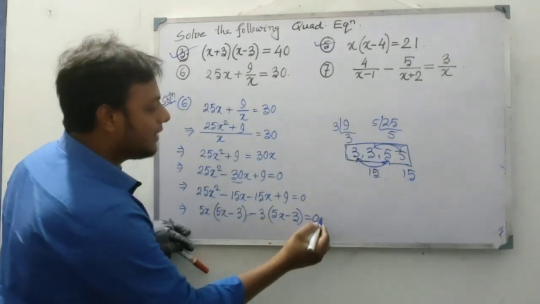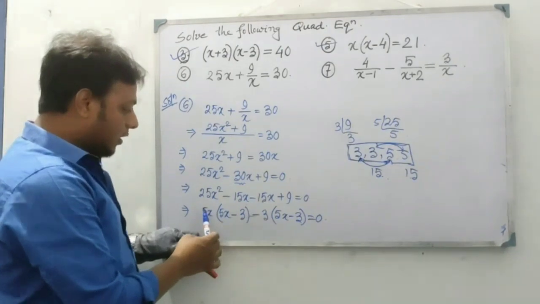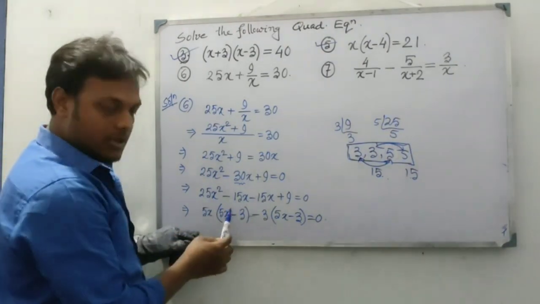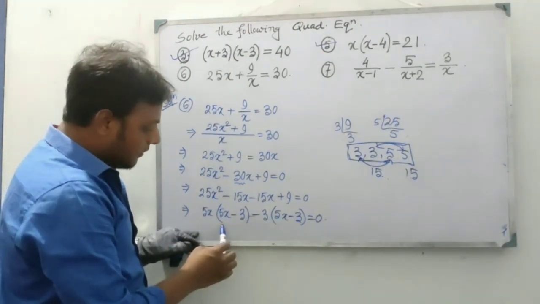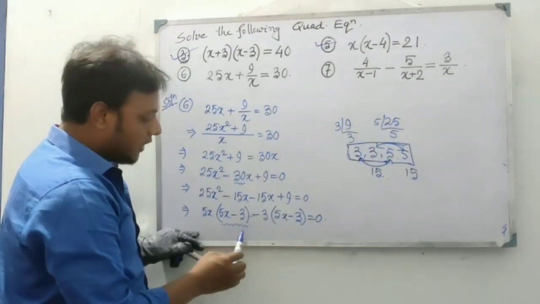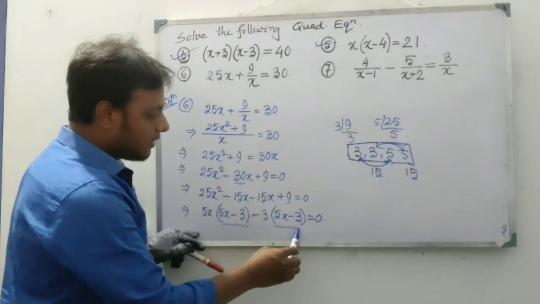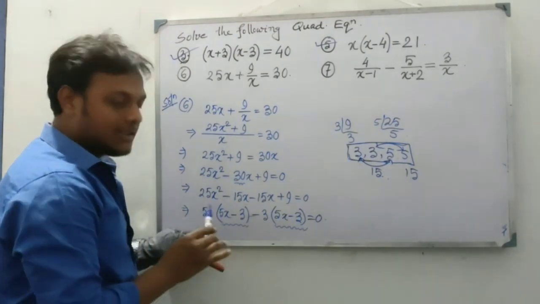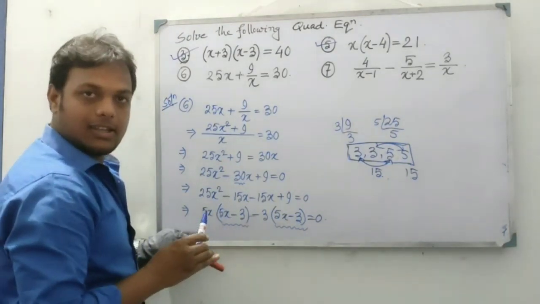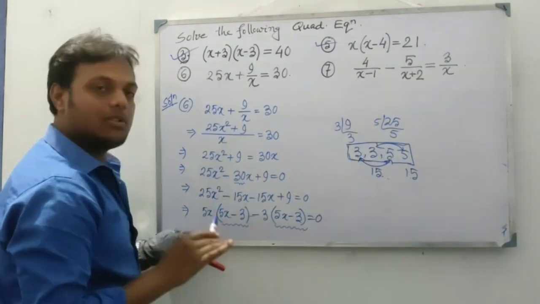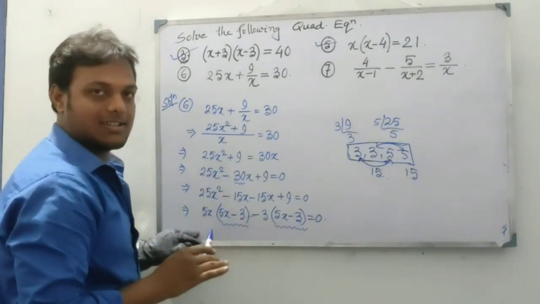Okay, one special trick is there, that if you take the common of first two terms, then whatever factor you will get in this position, you will get back in this position also. If you get such, then you can verify by yourself that your factorization is correct.